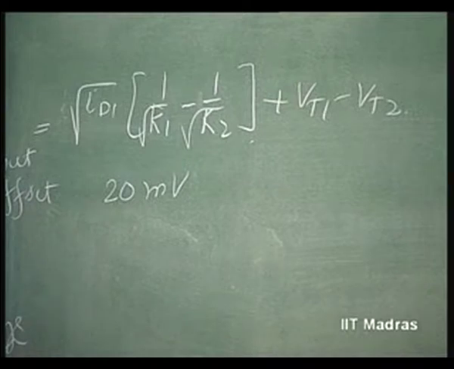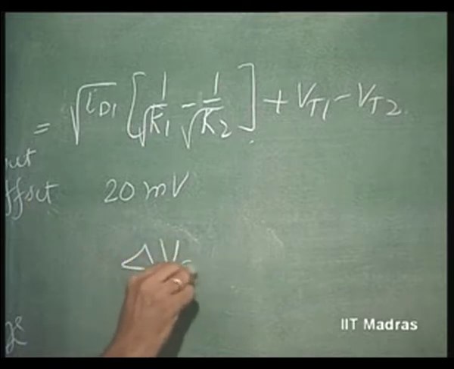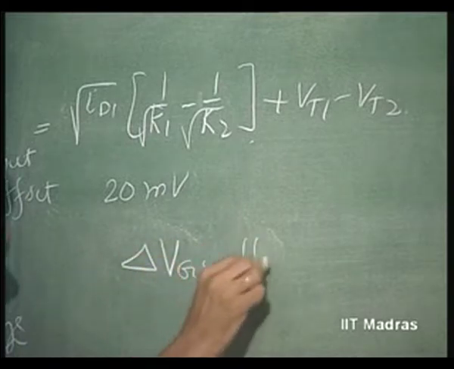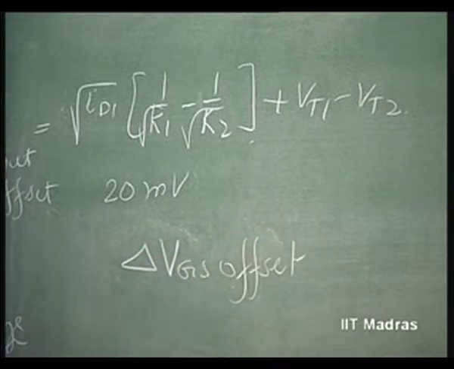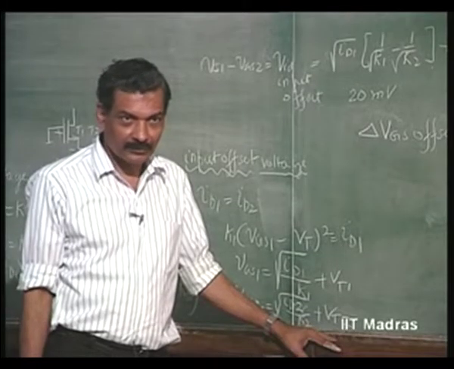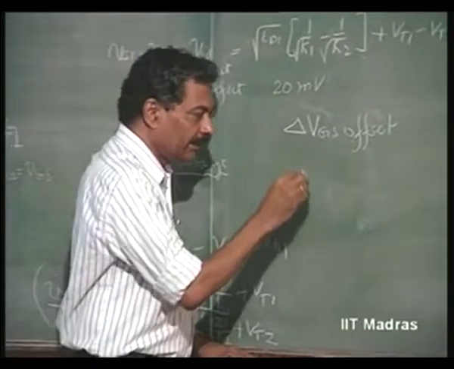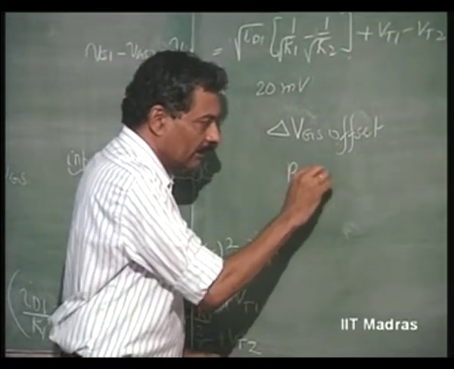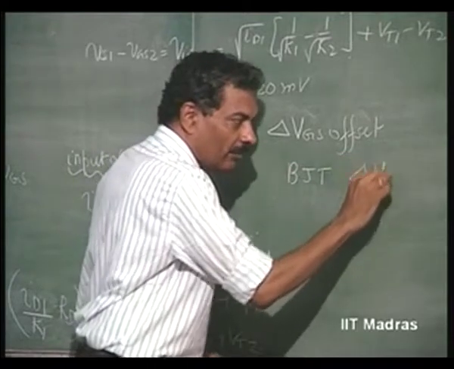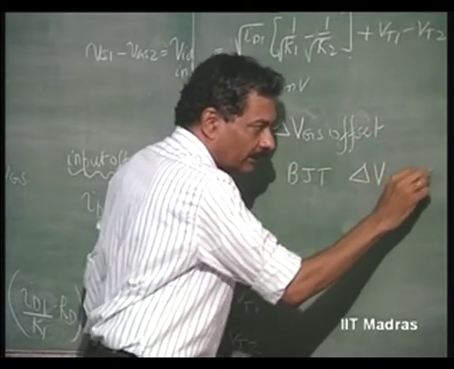Okay. Obviously, this is what is called delta VGS offset, because primarily it comes because of VGS being different for the same current. This is called delta VGS offset, as against in BJTs it is called delta VBE offset.